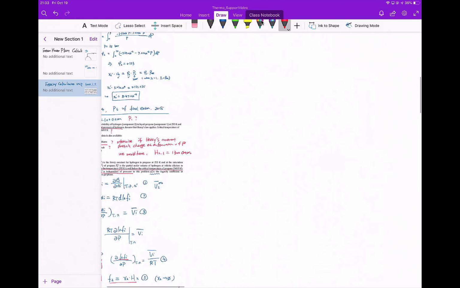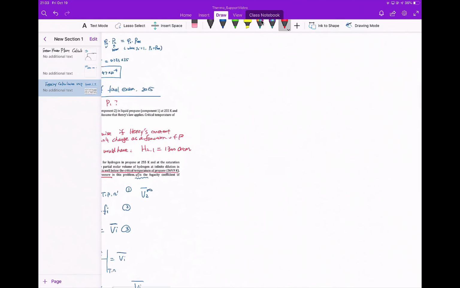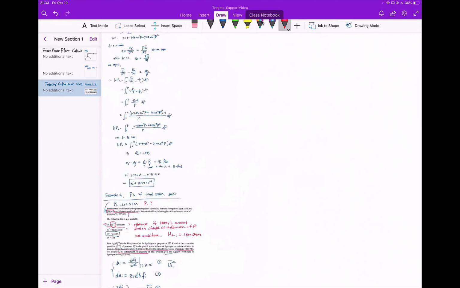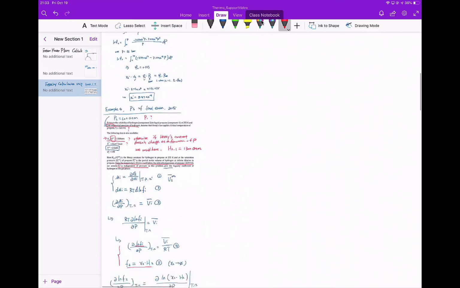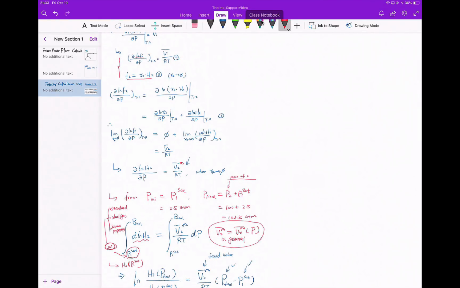I used this in 2015, but I have not had any problem that challenging coming from Henry's constant. I want to share these two problems with you, but of course you can read the old exams with their solutions from Canvas, and let me know if you need any further discussion. Thank you.